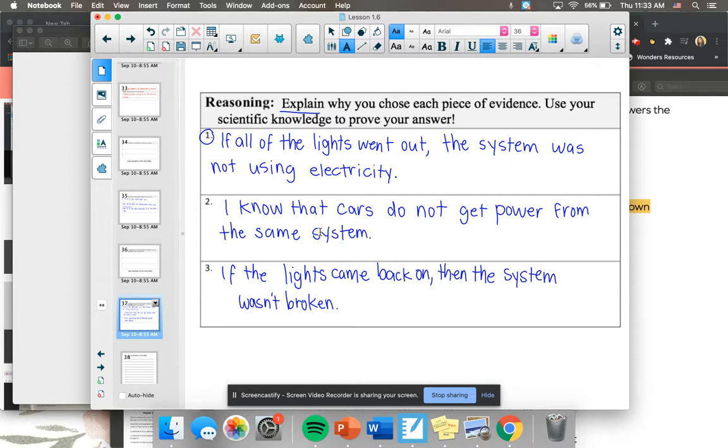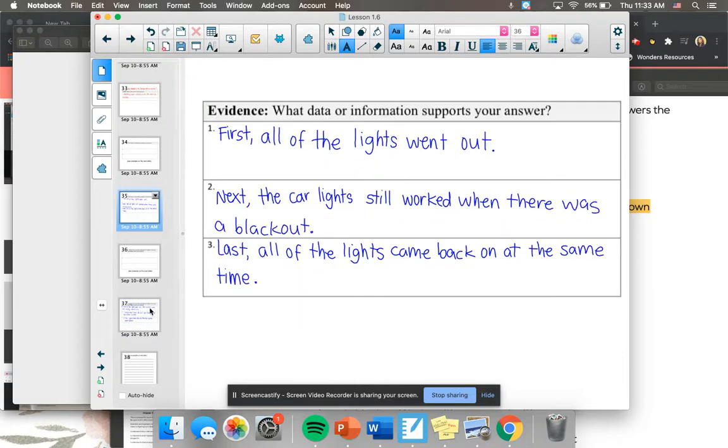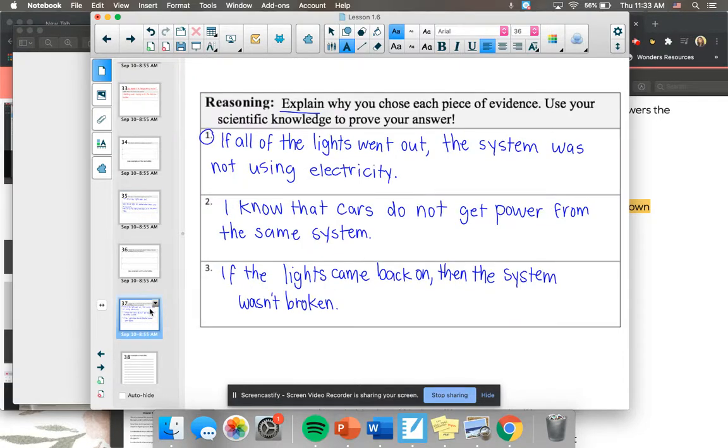And maybe they want to put another sentence. They could say, I learned that cars have a battery that gives it energy, or a generator, or whatever they want to put. They can add even another sentence. So you can see how evidence number 1 matches with reason number 1, and so on.